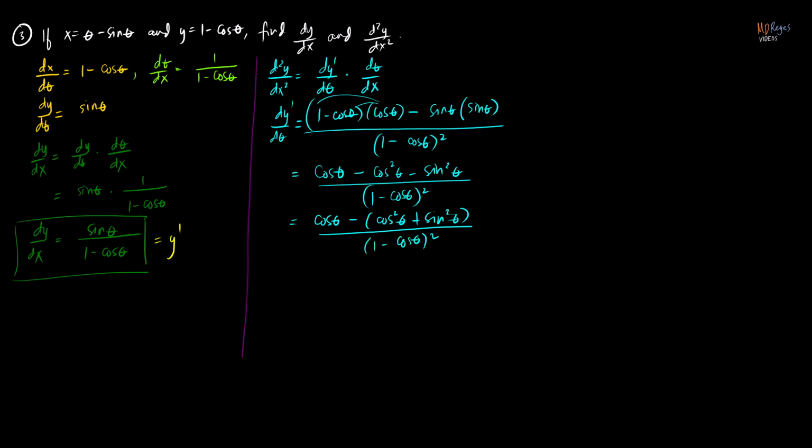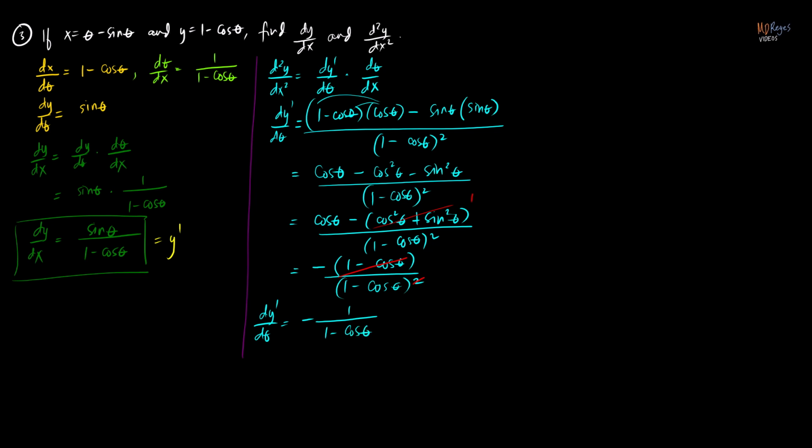So we have cosine theta minus 1 in the numerator, and factoring negative 1 from the two terms, we'll have negative of 1 minus cosine theta over 1 minus cosine theta, quantity squared. Now dividing 1 minus cosine theta by 1 minus cosine theta squared, we'll just have 1 over 1 minus cosine theta. This is dy prime over d theta, negative 1 over 1 minus cosine theta.